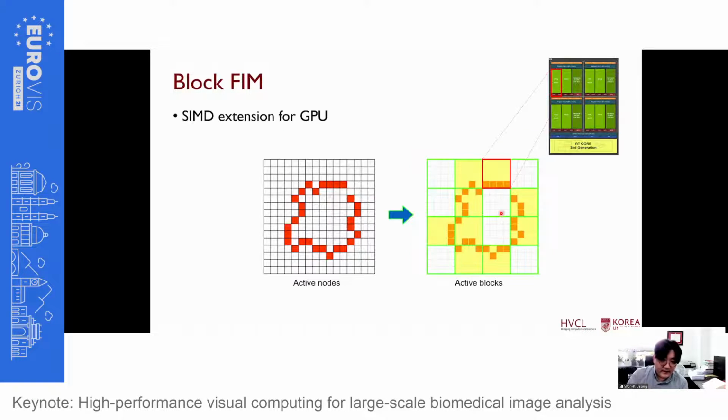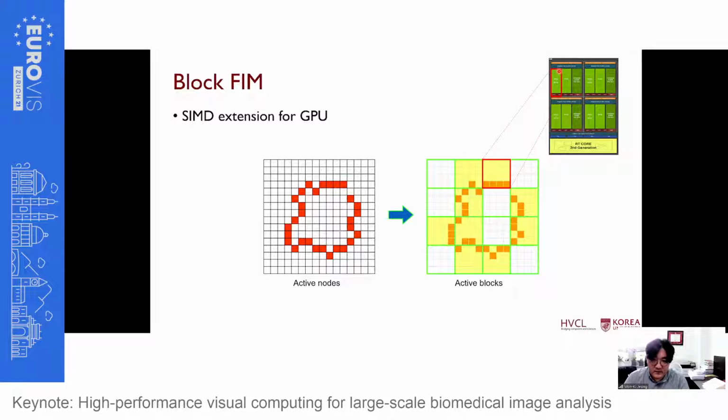So based on this idea, we use parallel hardware, for example a GPU, to update this active list in parallel. This is block FIM, which means we split the domain into multiple sub-blocks like tiles, and each tile is mapped to a single computing unit on the GPU. For example, on an NVIDIA GPU this is the so-called warp.